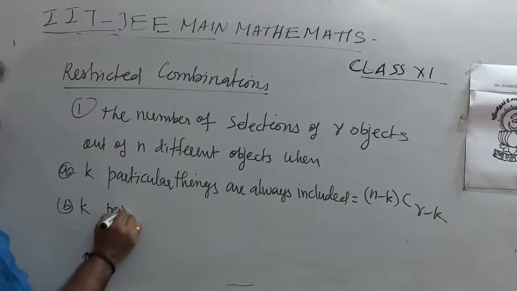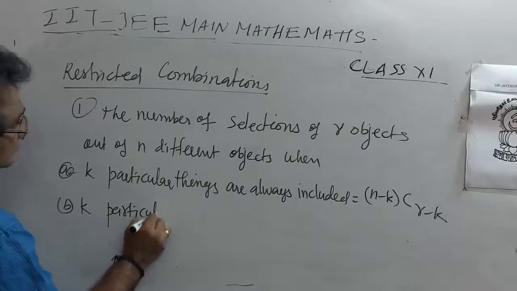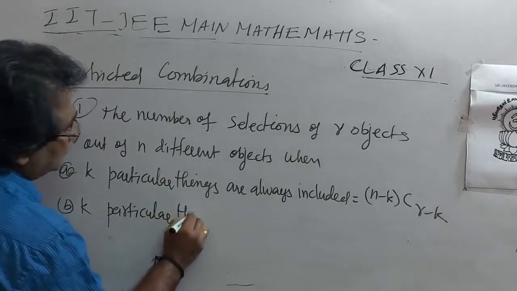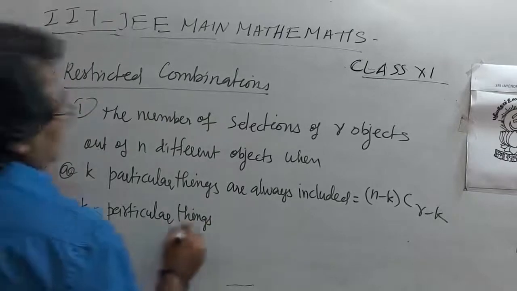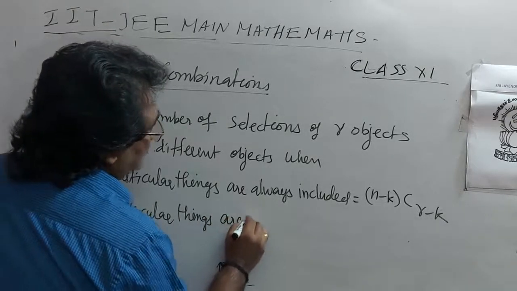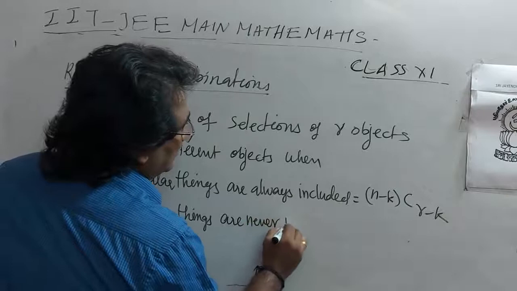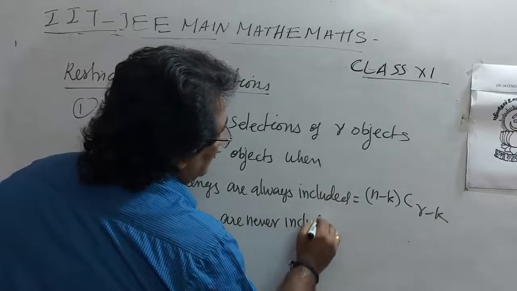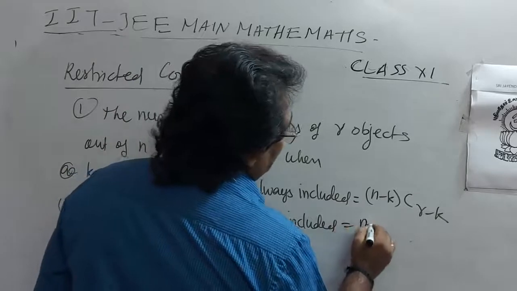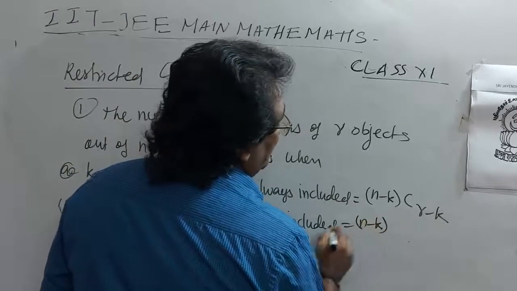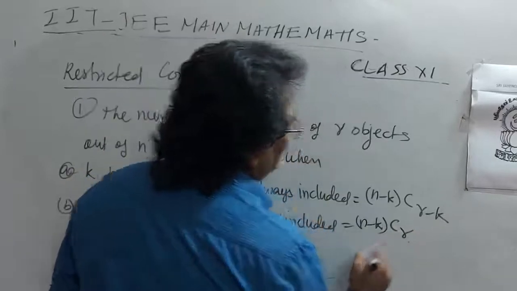When k particular things are never included, it is (n minus k)Cr.